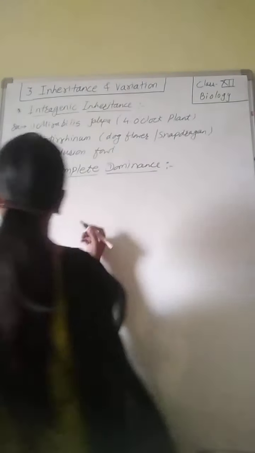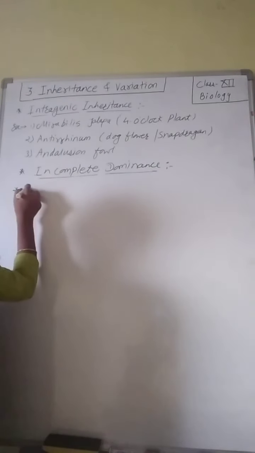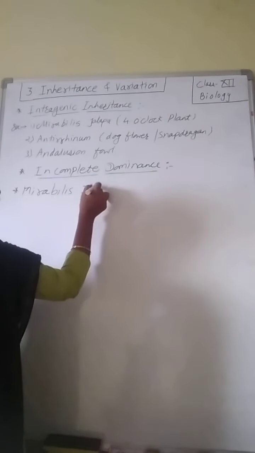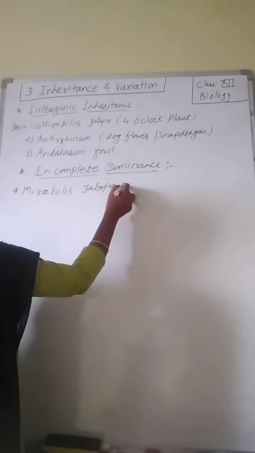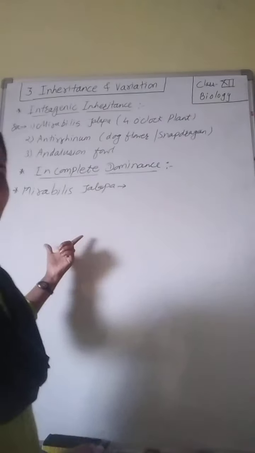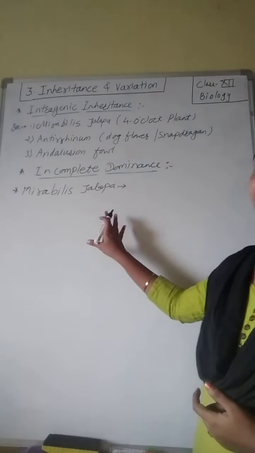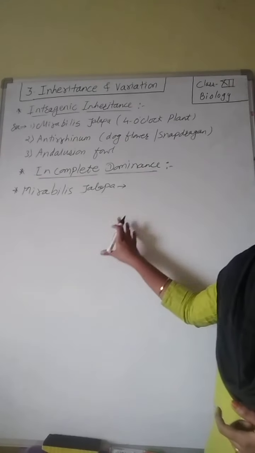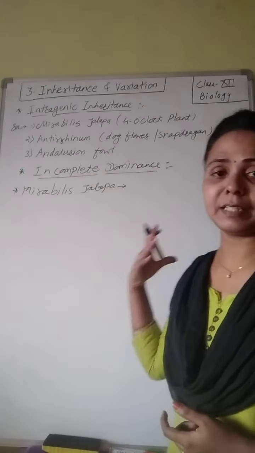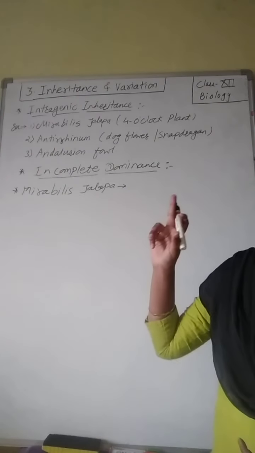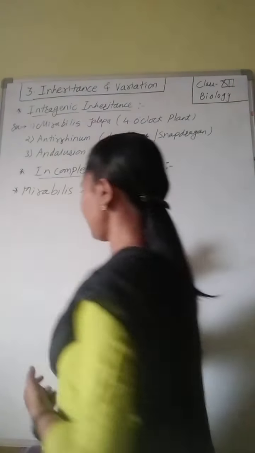So the first example is Mirabilis jalapa. This plant has flowers of different colors, mostly red, and another contrasting character, white. So we can take two parents, one pure red and another pure white.